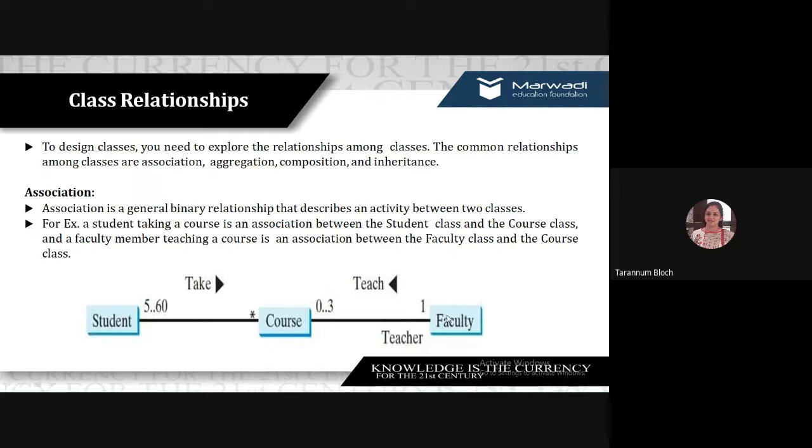If you look at any software, there is always a need to design the classes, and you need to explore the connection or relationship among these classes, right? The way one class is attached or connected with another class, we call class relationships.